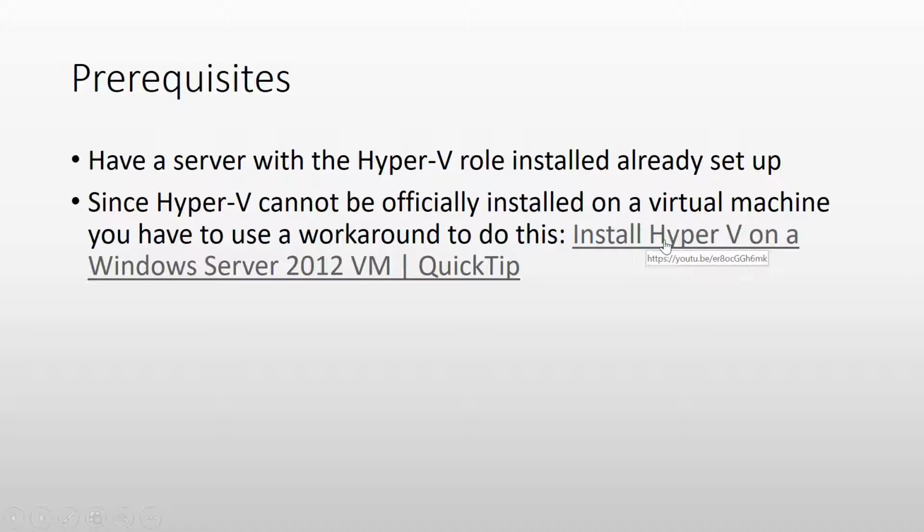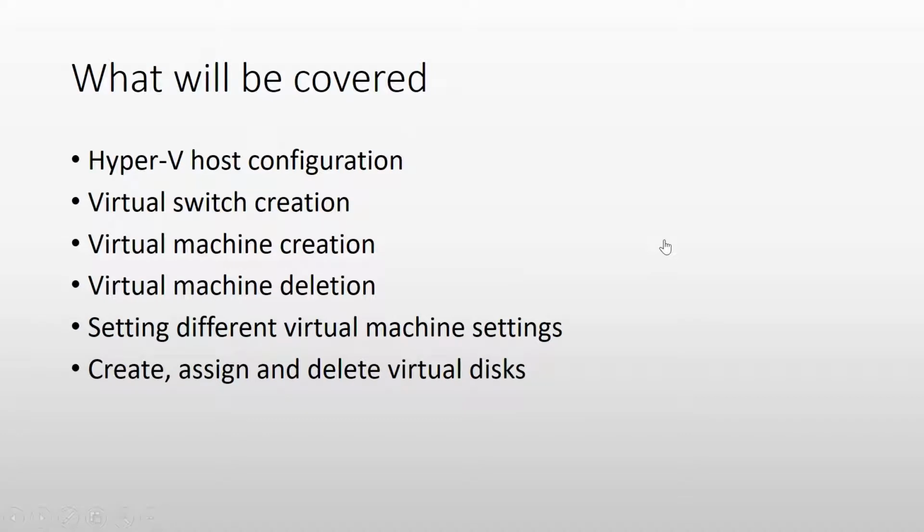We will not be able to run machines on it, but we will be able to create machines, delete machines, edit, and do all sorts of things with PowerShell to test our commands. With this out of the way, let's see what we will do in this video.